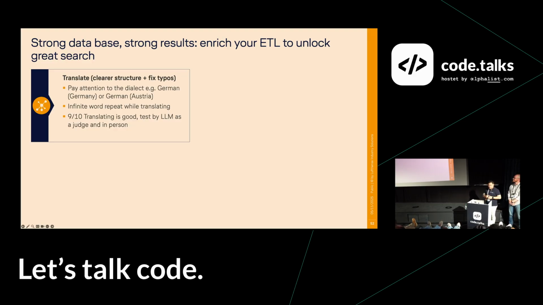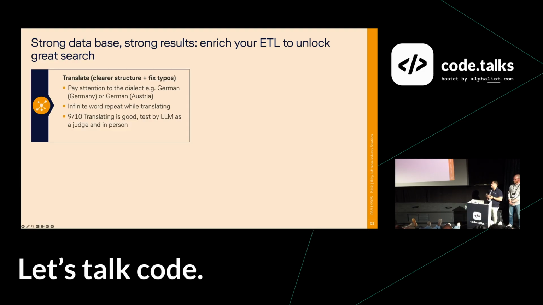What did we learn here? Pay attention to dialects. If you translate, you don't just prompt translate into German, but think about German Austria, or for example English UK or English Australia. There are different words or dialects that we have to think about and give to the prompt too.